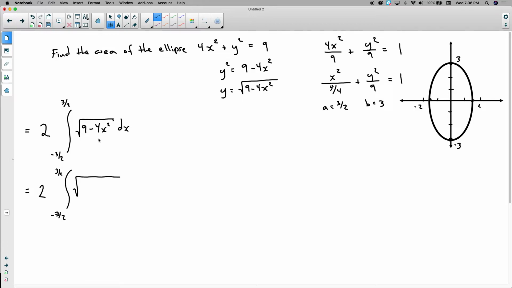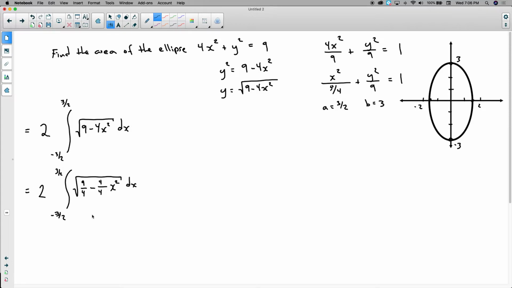Okay, so dividing by 4 is going to be a nice thing. So I'm going to divide this by 4. And then over here, I'm going to divide 4 by 4. And that at least turns it into a 1.